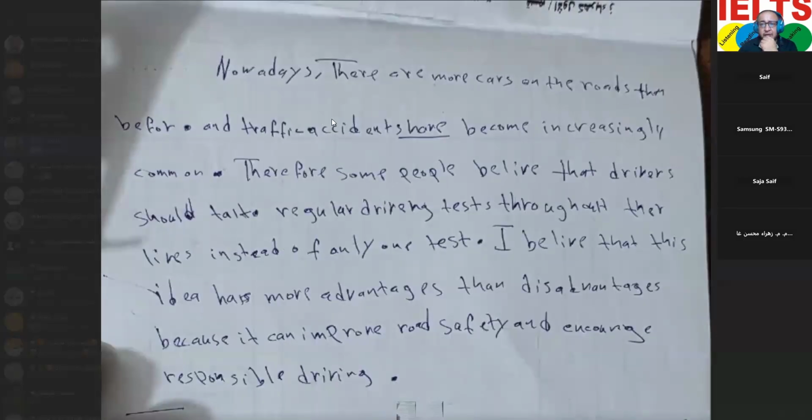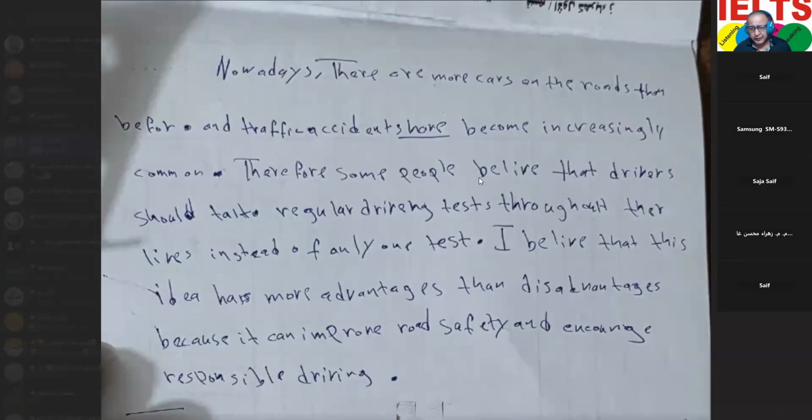Nowadays, there are more cars on the roads than before, and traffic accidents have become increasingly common. Therefore, should be followed by a comma. Therefore, some people, the S should be small.